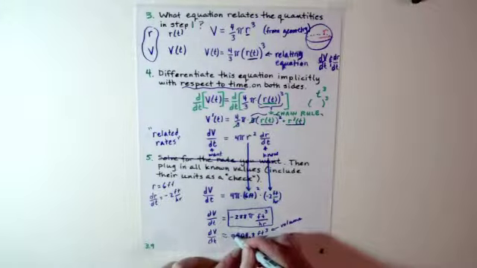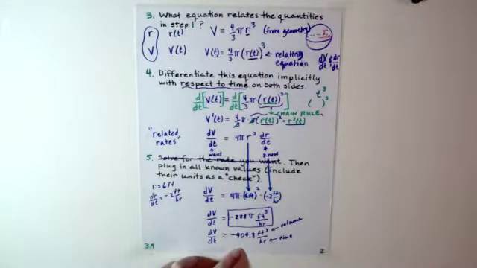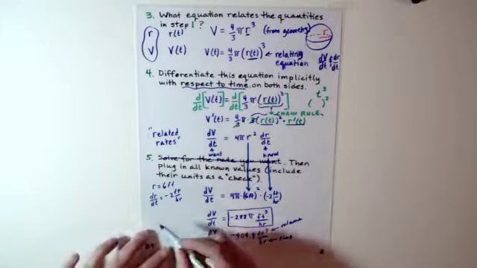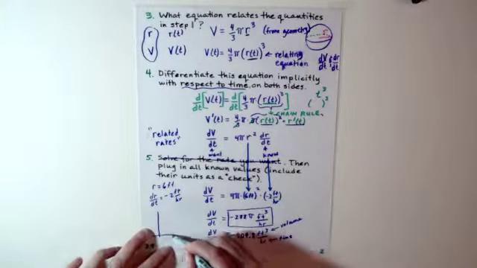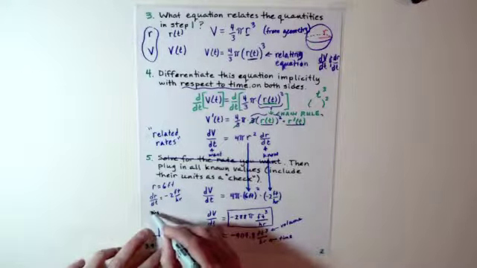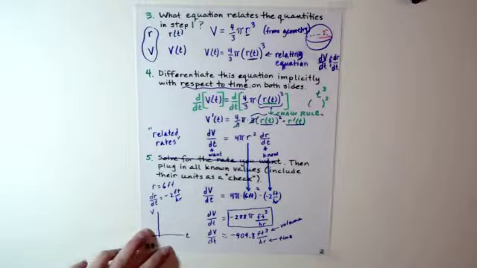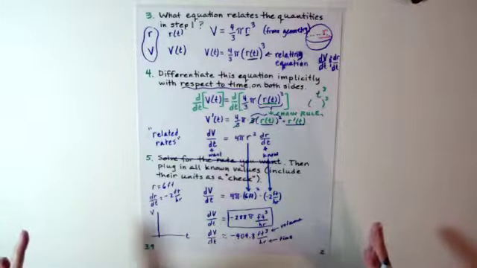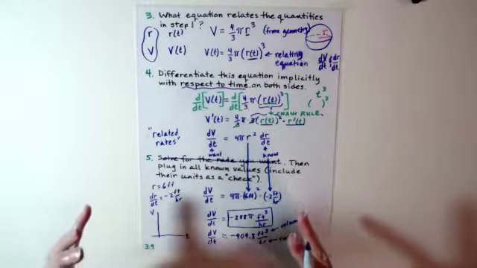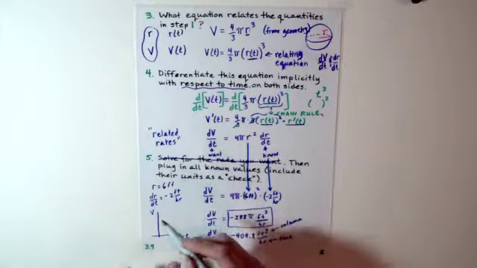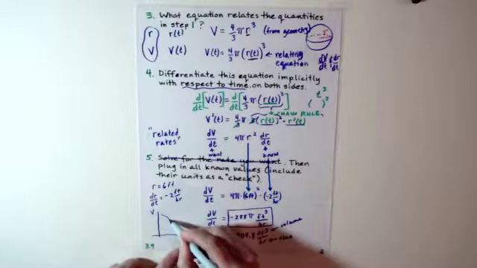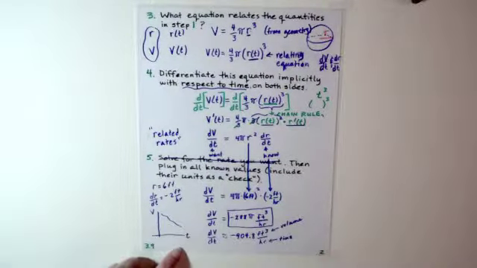And what about this negative sign? Does that make sense? Remember that the volume of the balloon, would it be an increasing function or a decreasing function? If air is escaping from the balloon and the radius is shrinking, the volume must also be shrinking. And so it must be a function that's going down as time goes on.